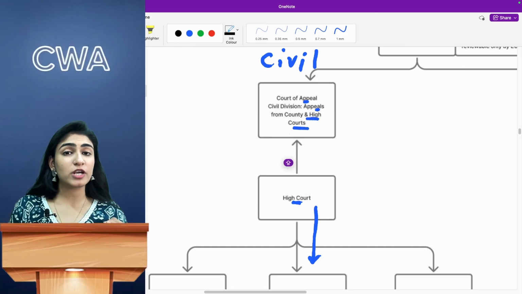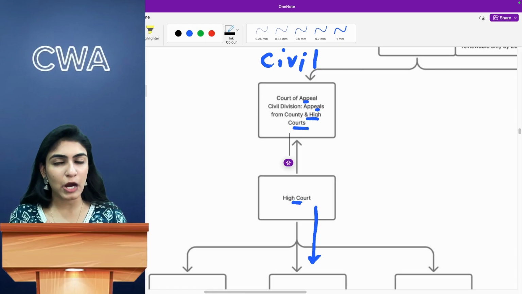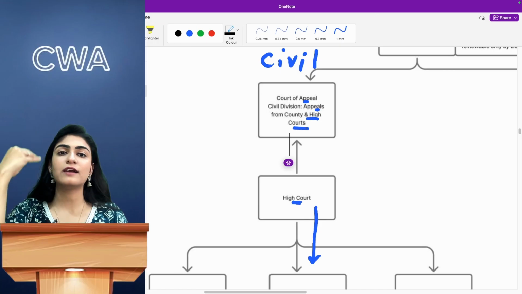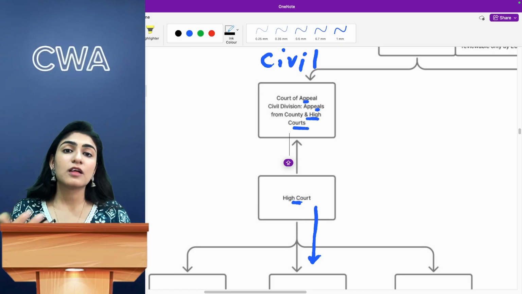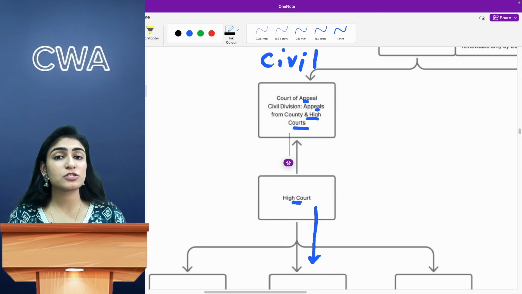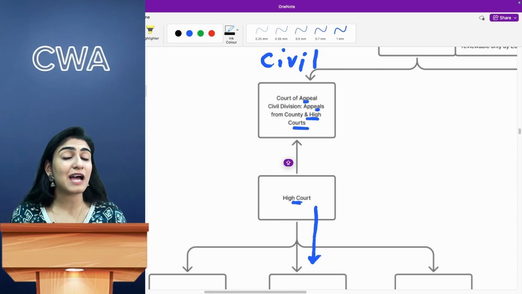Basically, they can file an appeal against any decision passed by a county court or High Court, and ask the judge to review it because they think it is not the right decision for them.